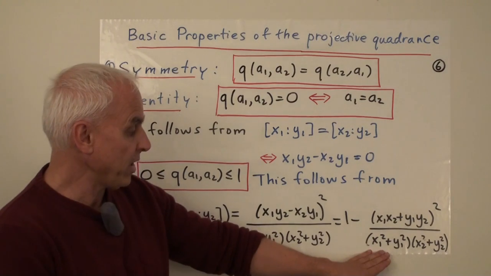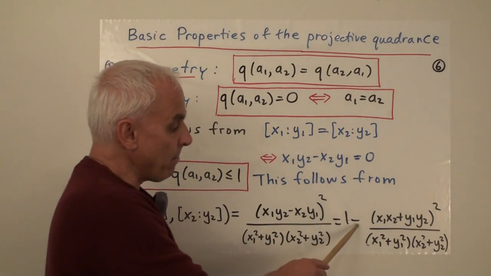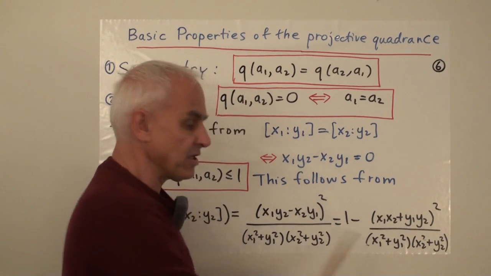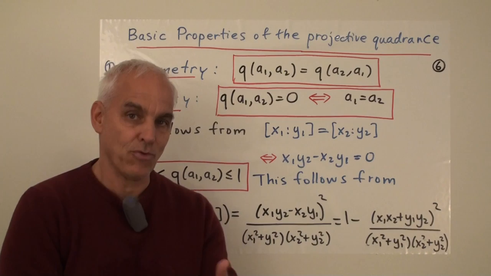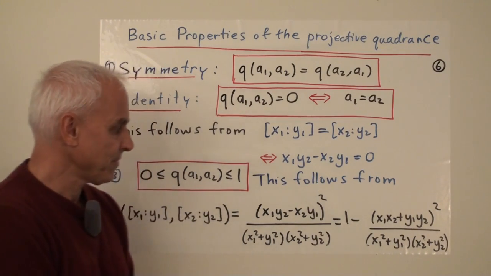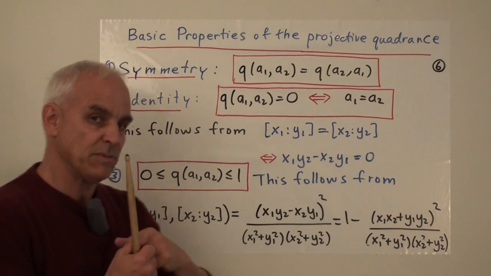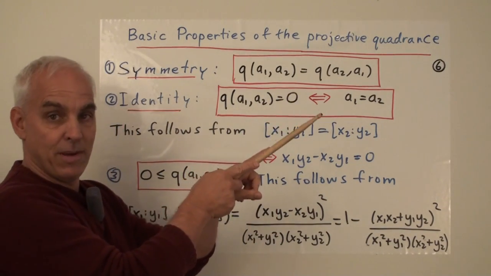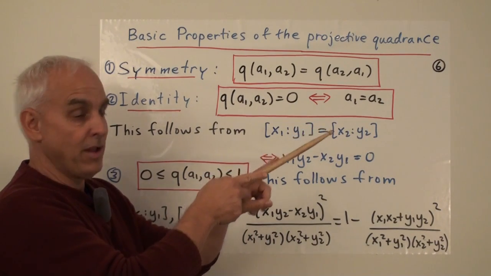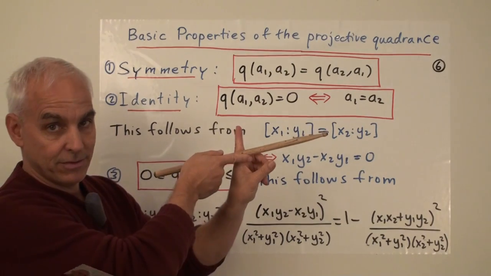And from here we can see that it's always going to be less than or equal to 1 because it's 1 minus something which is completely positive. When I say positive, I mean greater than or equal to 0. All right, so both forms tell us that this projective quadrance is always between 0 and 1, and pleasantly it's 0 when the two projective points are equal, and it's 1 when the two projective points are perpendicular.